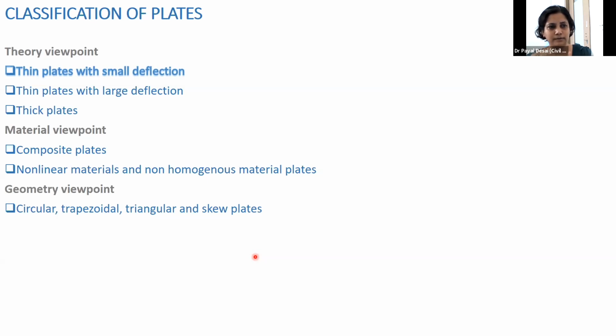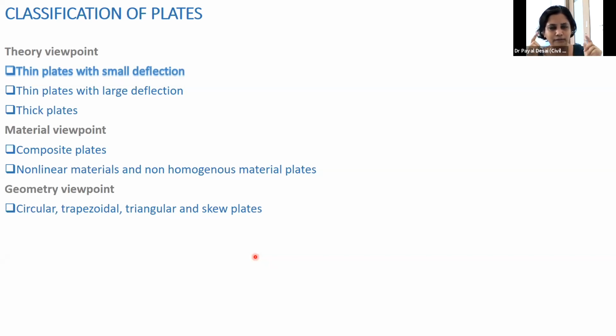So there is a thin plate which was developed by a person named Kirchhoff. Then we have a category based on small deflection and large deflection. The plate with small deflection is the Kirchhoff plate theory that we are going to discuss in today's session, and thin plates with large deflection.